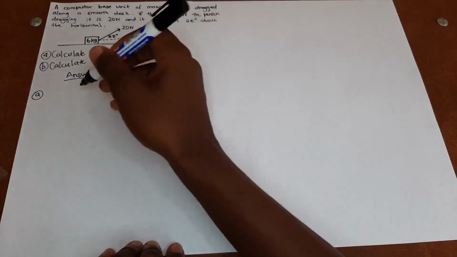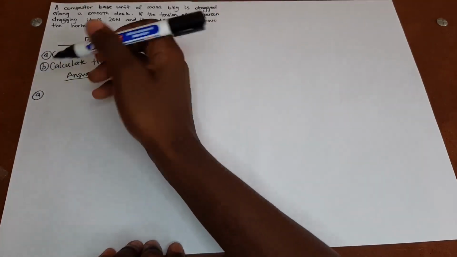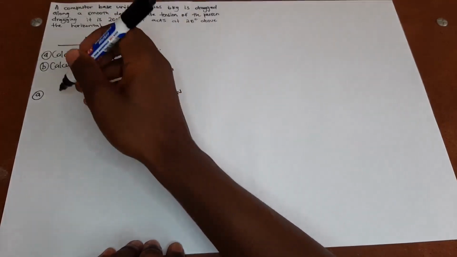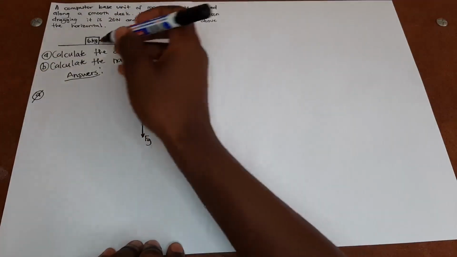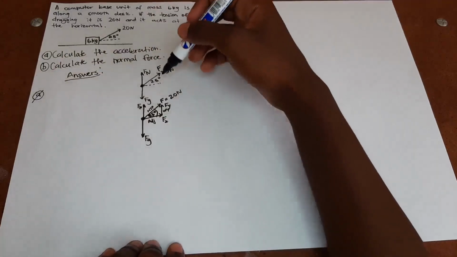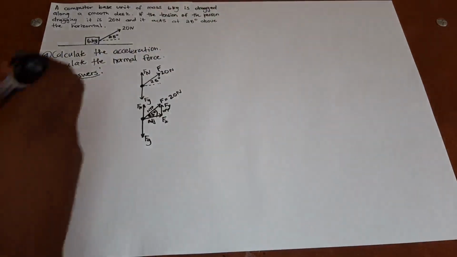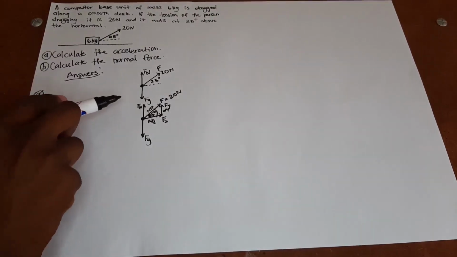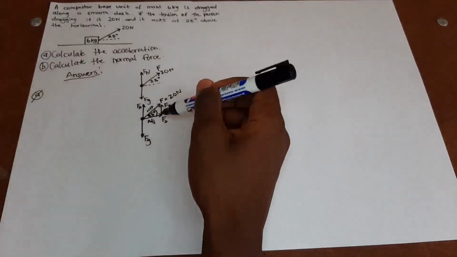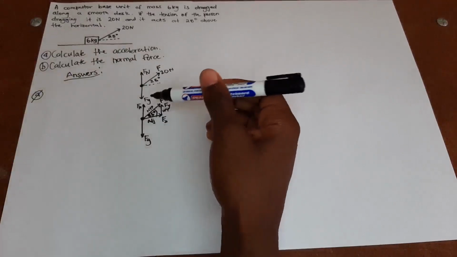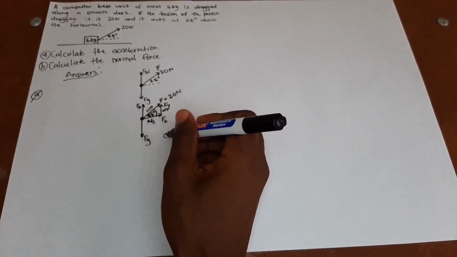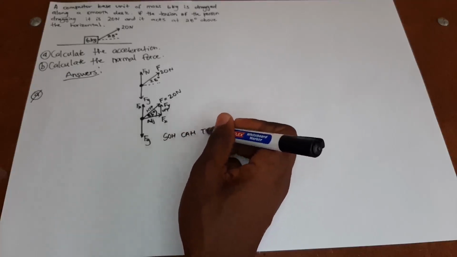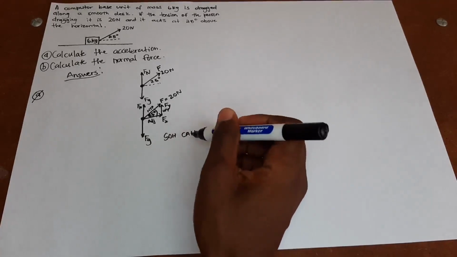Now let's find our x and y components. So let me just write here. I'm not answering the acceleration yet. Guys, this angle is between the adjacent and the hypotenuse.